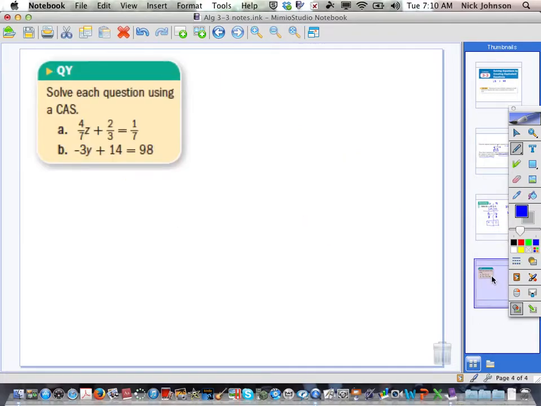Moving on. Solve each question using your CAS. We don't use this. We can do it by hand. 4/7 z plus 2/3 is equal to 1/7. Same process, don't panic.